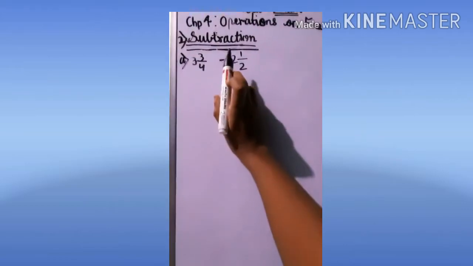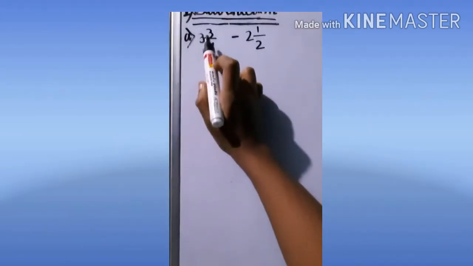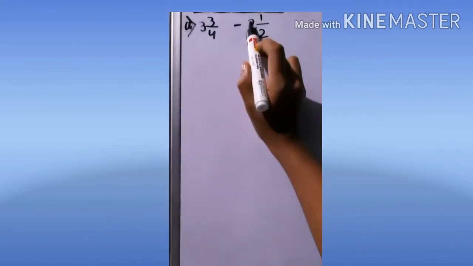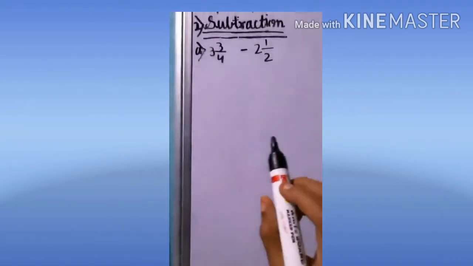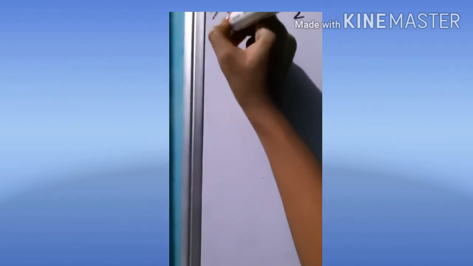Now this is subtraction of fractions. Now we will subtract 3 upon 4 minus 2 1 upon 2. Now we will multiply.